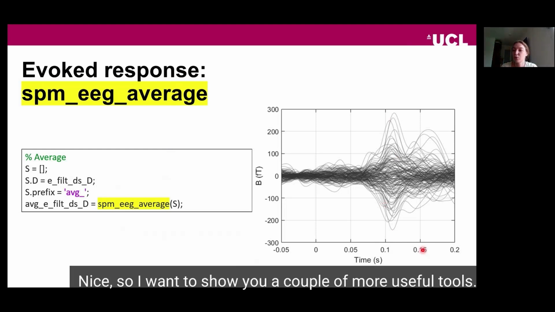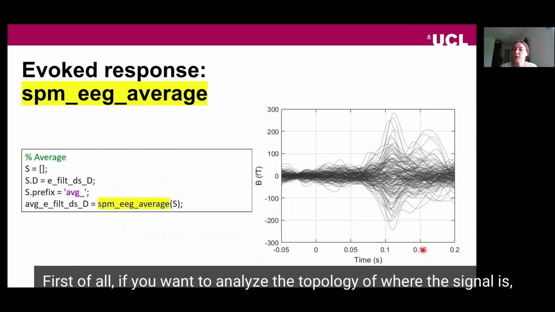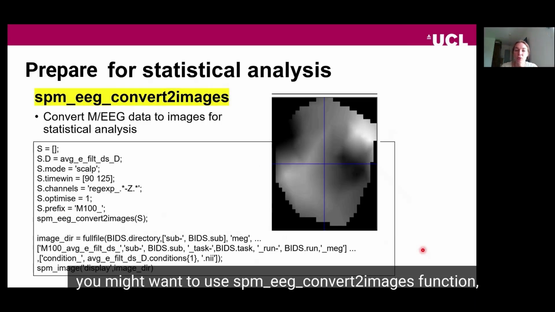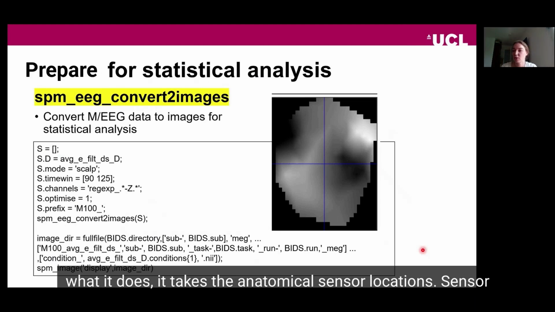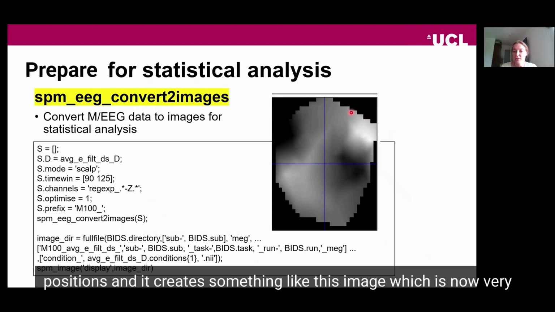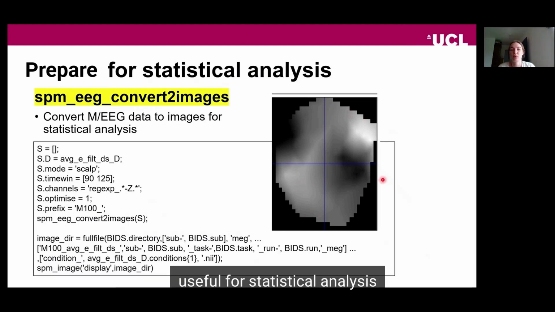Nice. I want to show you a couple more useful tools. First, if you want to analyze the topology of where the signal is, you might want to use the SPM EEG convert to images function. It takes the anatomical sensor positions and creates something like this, which is very useful for statistical analysis.